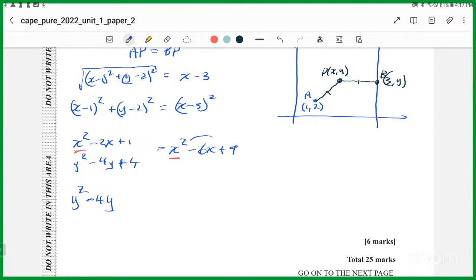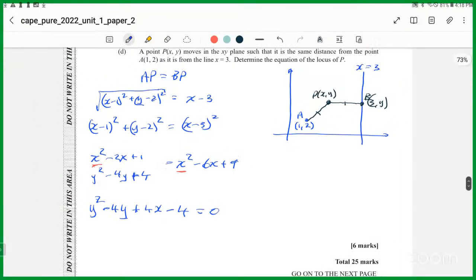Now this 6x goes over, becomes positive 6x. 6x minus 2x is 4x. And then in terms of the numbers, this is 5. Remember the 9 and subtract. 5 minus 9 is negative 4 equals 0. That's the equation of that locus. Nice and easy.